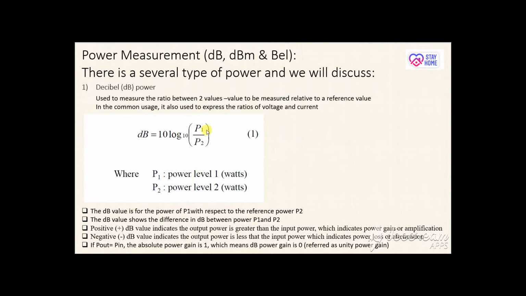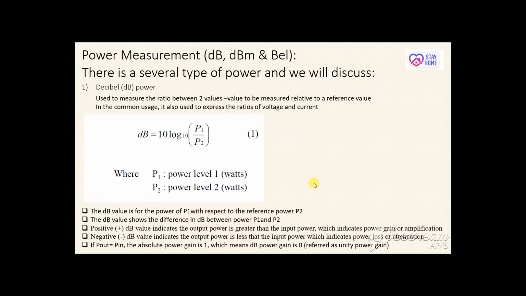Okay, if the answer of this equation comes out as a positive value, that means the P out is greater than the P input, which means the device has power gain or amplification.